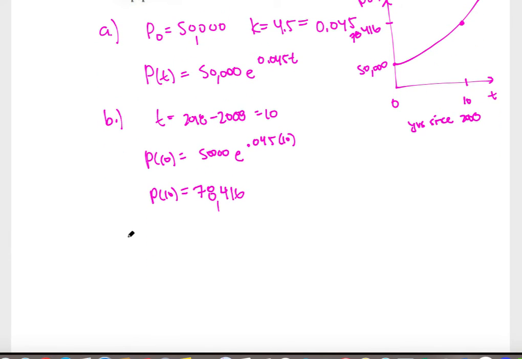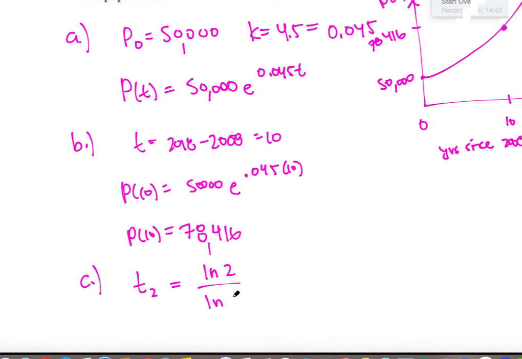So C is asking us to calculate the time for the population of the city to reach 100,000. This is the doubling time. So our doubling time formula, so our T2, is going to be the ln of 2 over the ln of A. So we need an A first. Or let's see, I guess I did this a little backwards. So we want to have k equals ln of a. Therefore, a is equal to e raised to the k. So this is e raised to the 0.045.